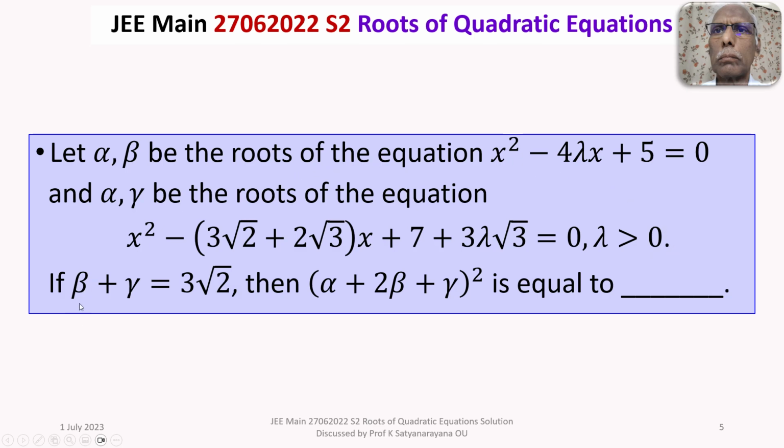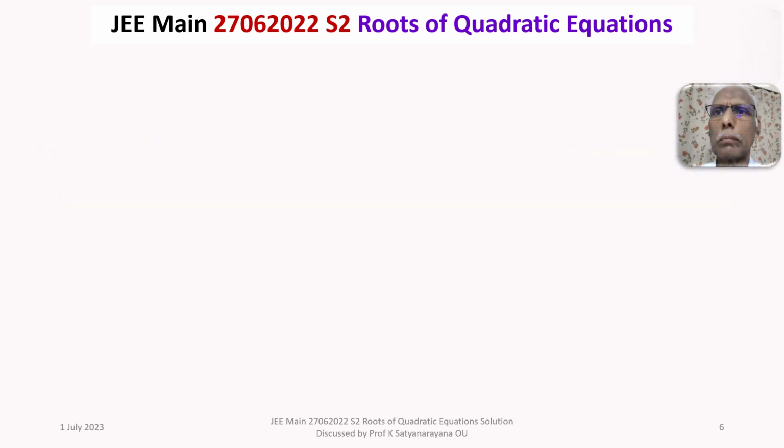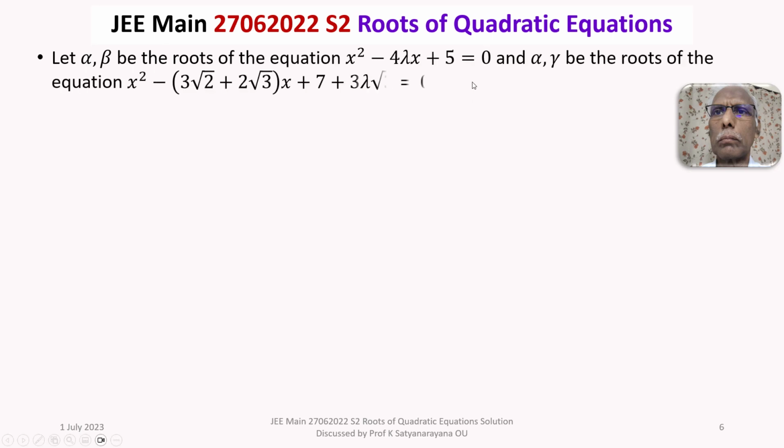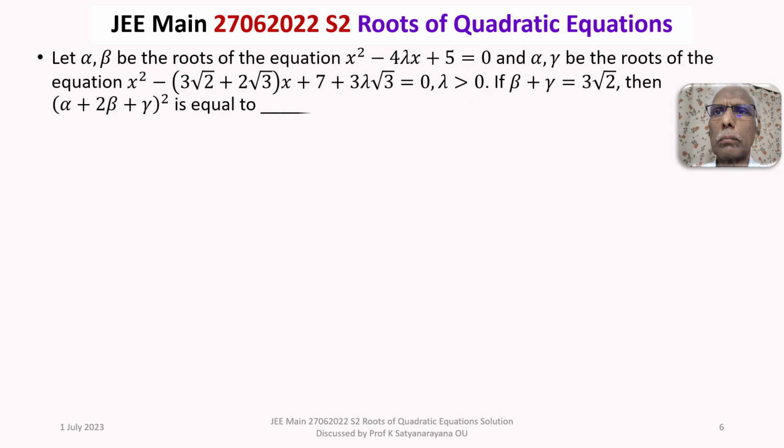Further, you are given beta plus gamma is equal to 3 root 2, and we are required to find the value of alpha plus 2 beta plus gamma whole square. That is the given question to us. Let us now discuss the solution of the problem in detail.